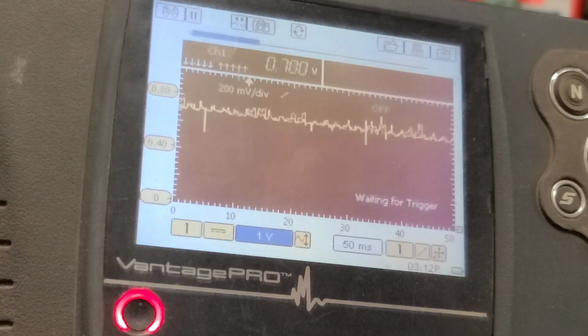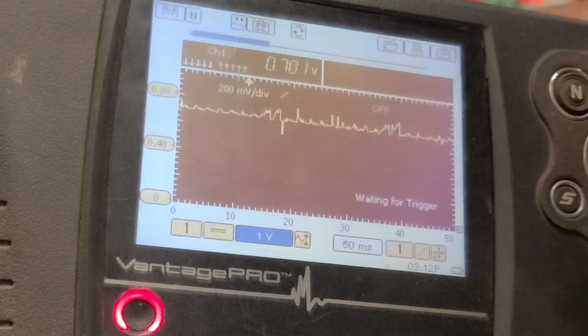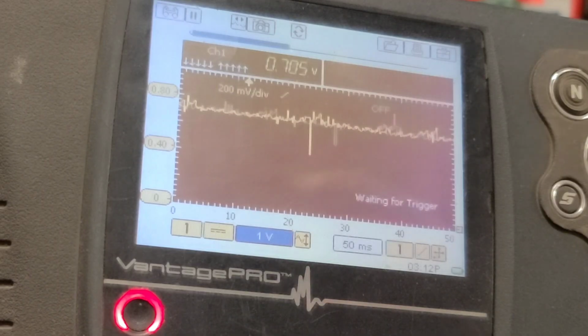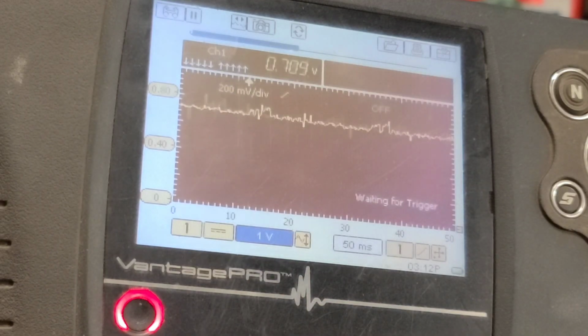Make sure my ground is good. Well, let's take it for a road test and see what the signal looks like.